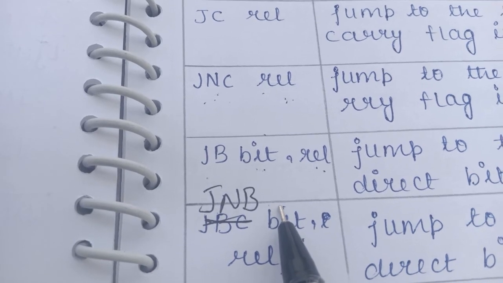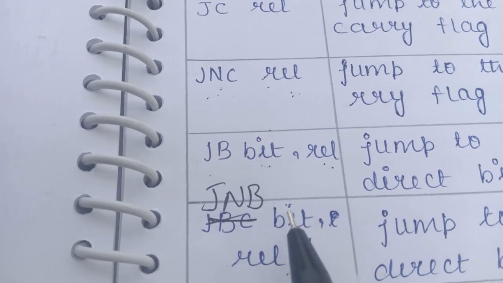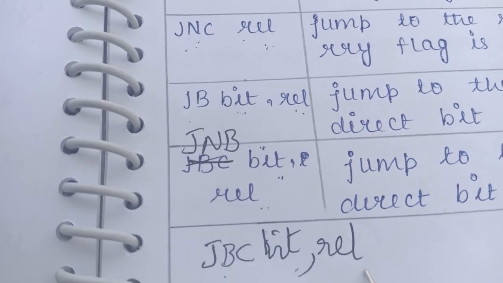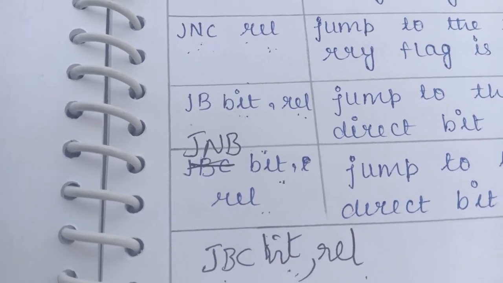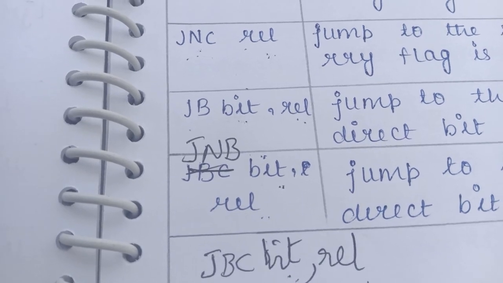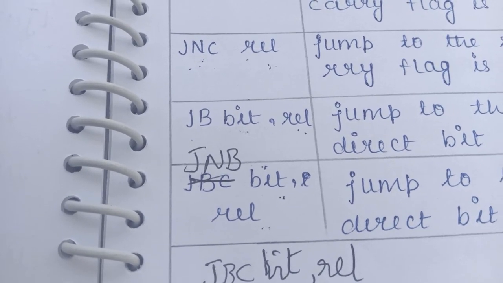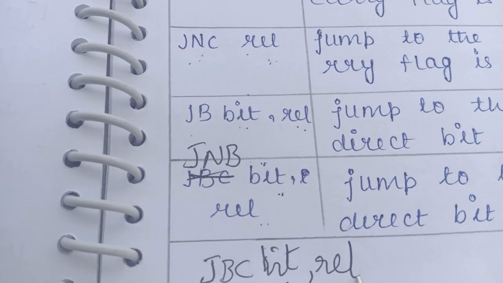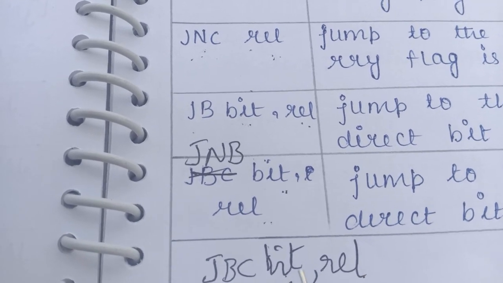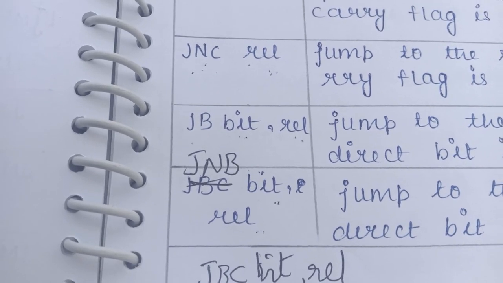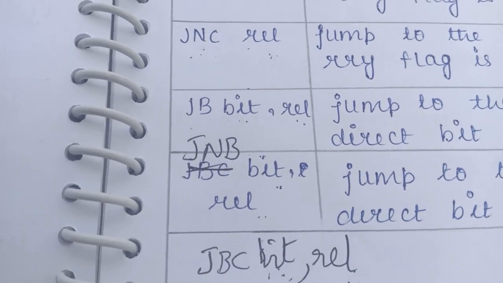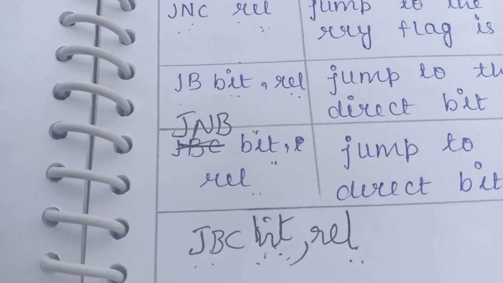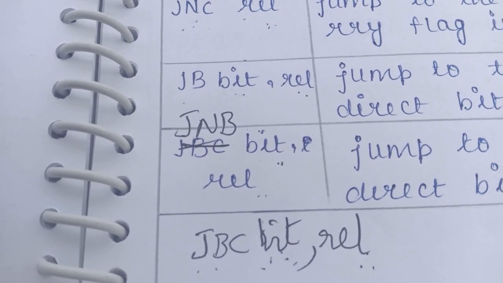JBC bit, relative: jump to the relative address if the given bit is 1 and immediately complement that bit. So bit manipulation instructions are used to set or clear, that is, make a particular bit value 1 or 0.